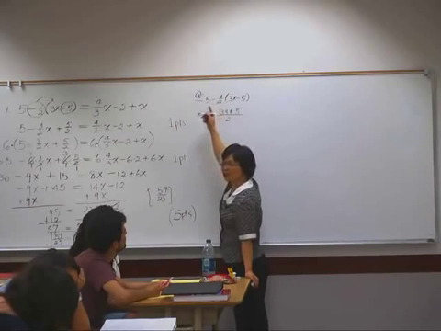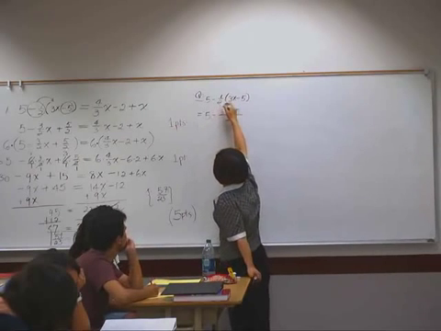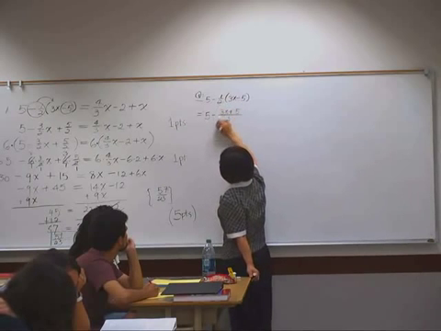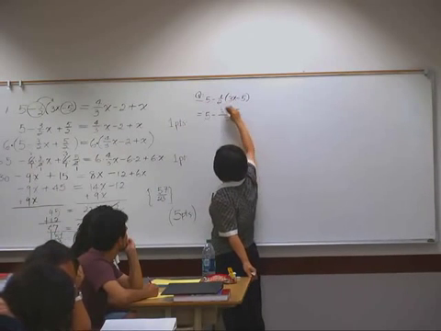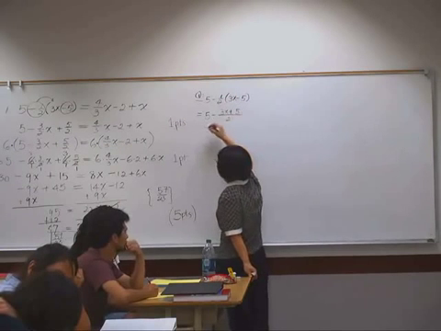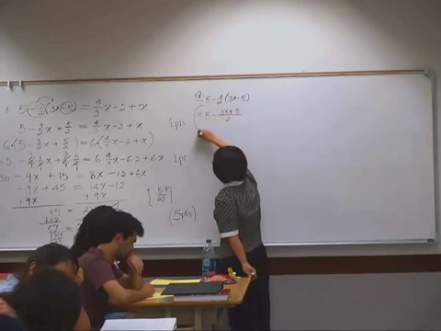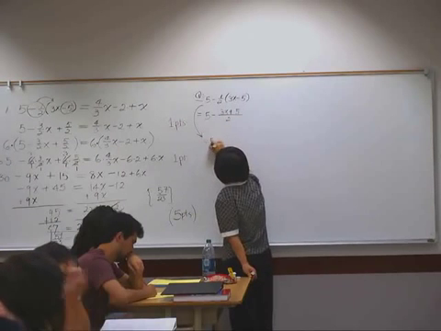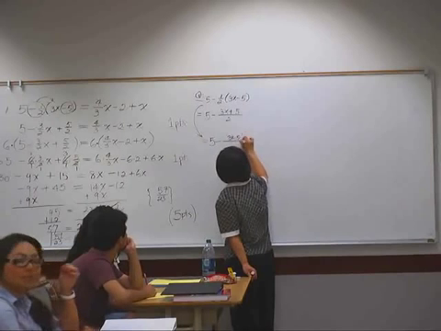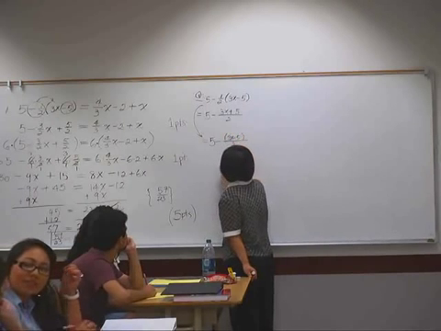Okay, let's see what we should do. I can see this person trying to have all this divided by 2. If that is the case, then it should have 5 minus 3x minus 5 as a whole divided by 2.